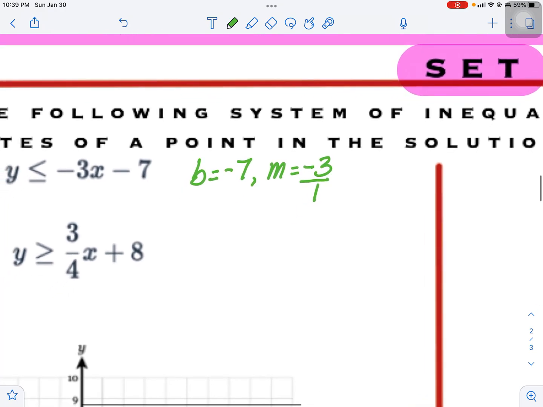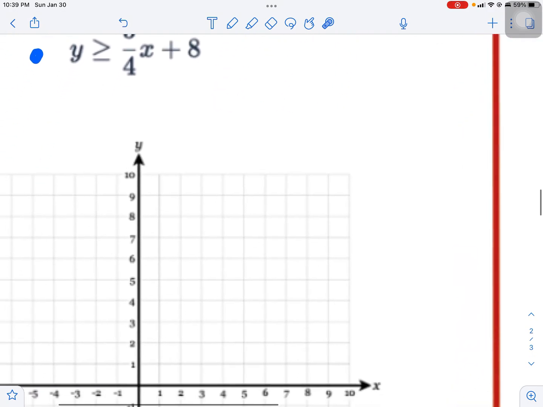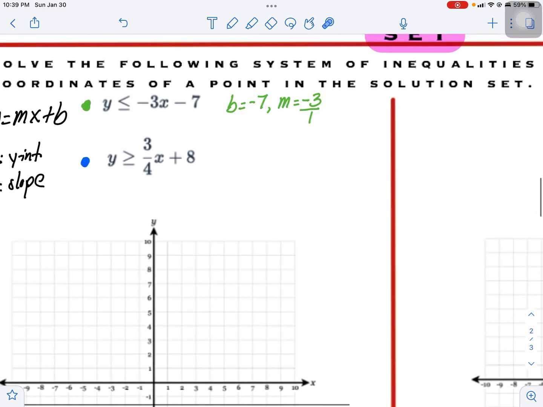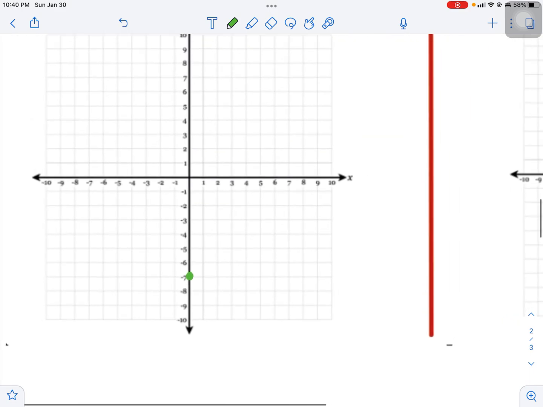So we're going to start with our y-intercept, which is -7. Our y-axis, as we know, is the axis that goes up and down. So we're going to find -7 here on our y-axis, which is there, -7. Look at that.